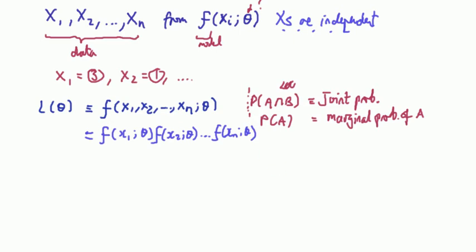What result have I used? I have used this result that you all know: probability of A and B, two events. If A and B are independent, it's probability of A times probability of B. Okay, so that's what I've done here. This is just the product of the individual events. So that's the joint, and this is the product of the marginals. Why? Because the x's are independent.